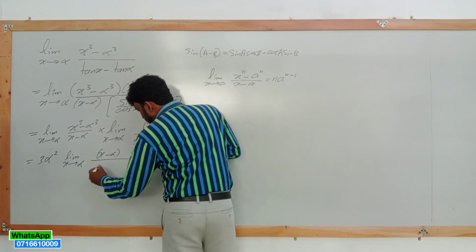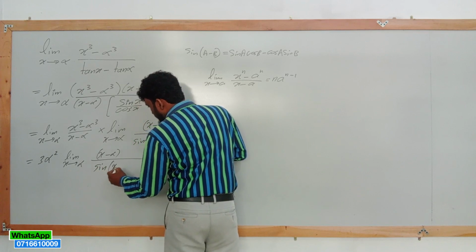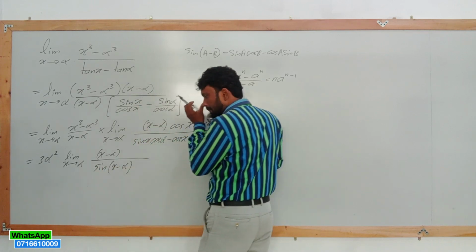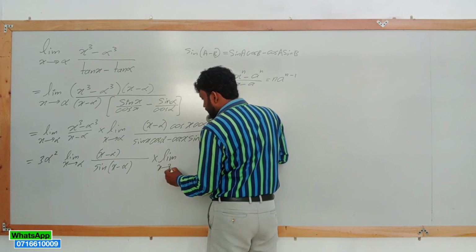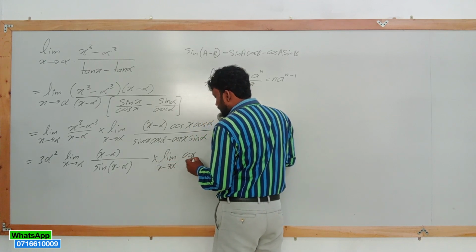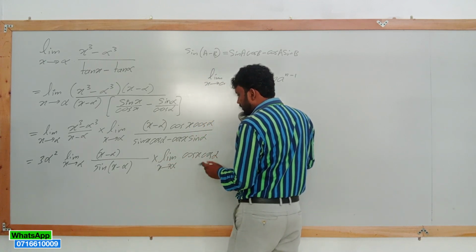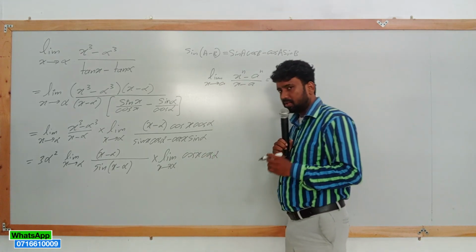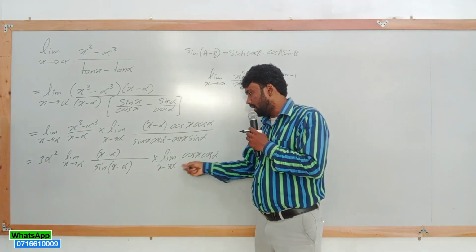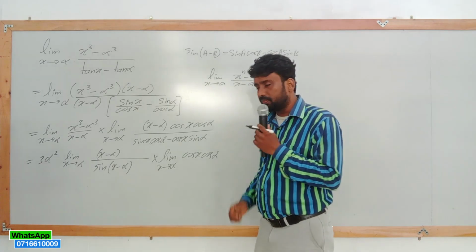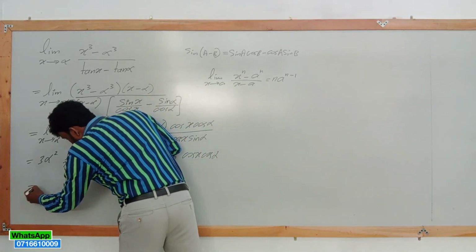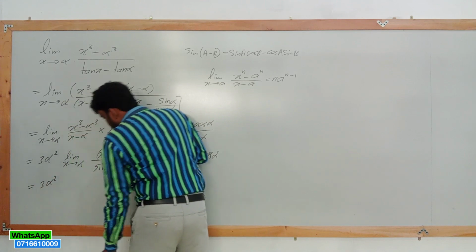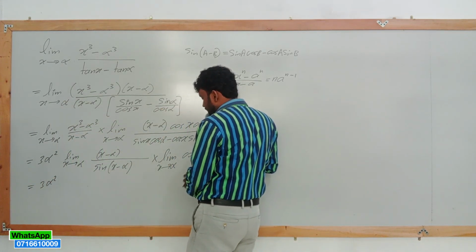What about sin x minus alpha? Again multiplied, limit x goes to alpha, cos x cos alpha, here cos x cos alpha. Now you can substitute alpha for x, no? Right. What about this one? Here 3 alpha square.